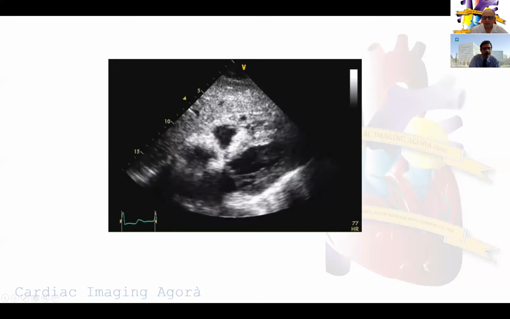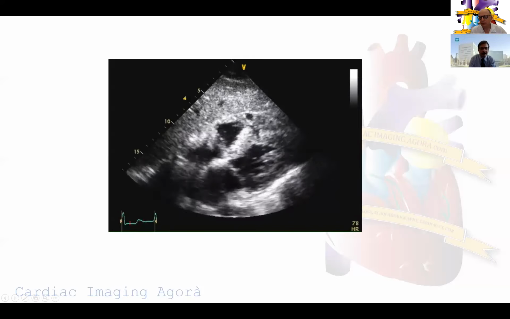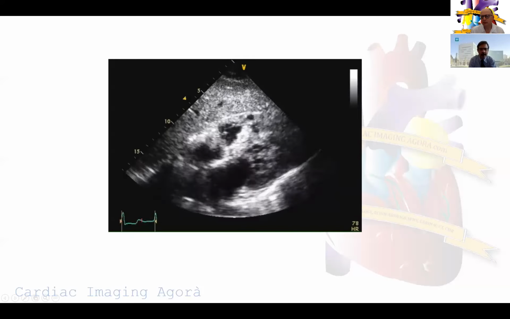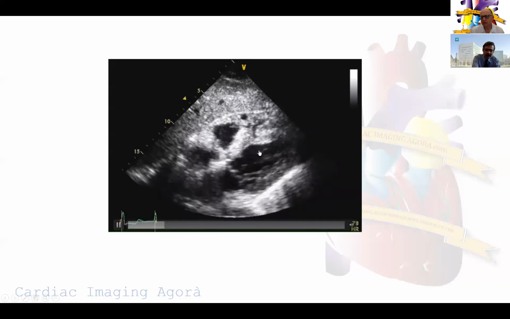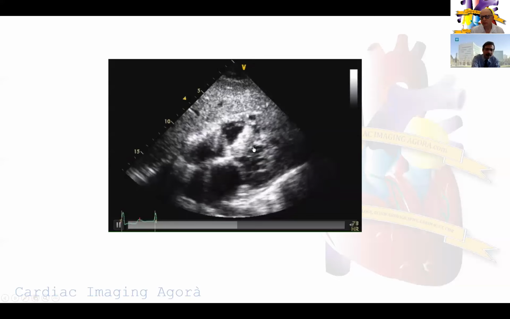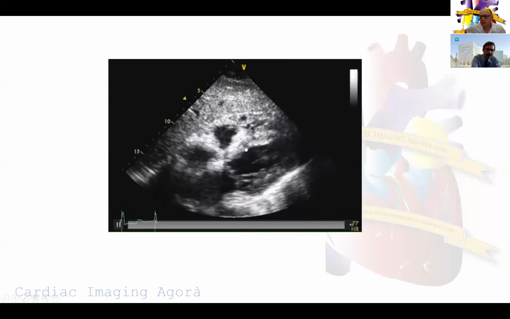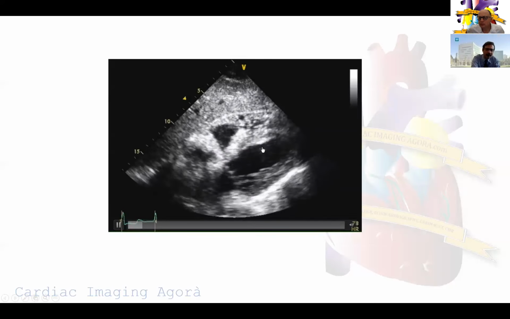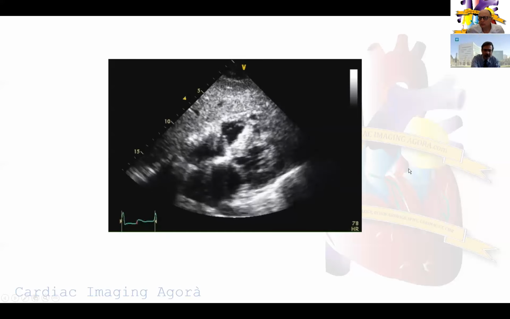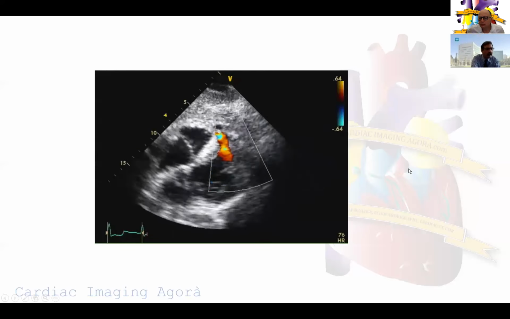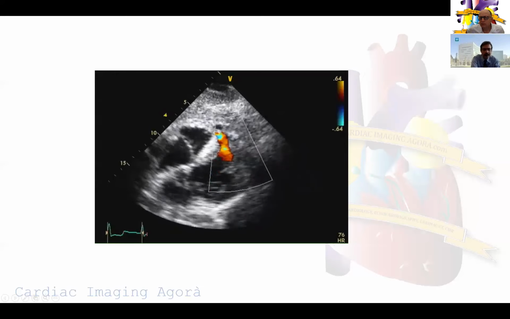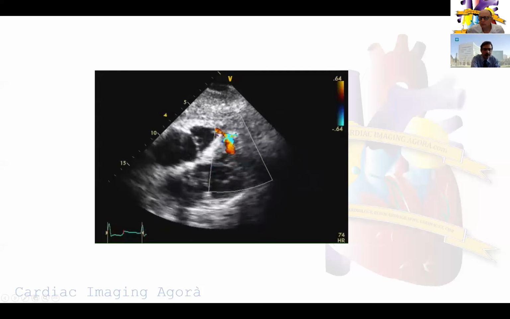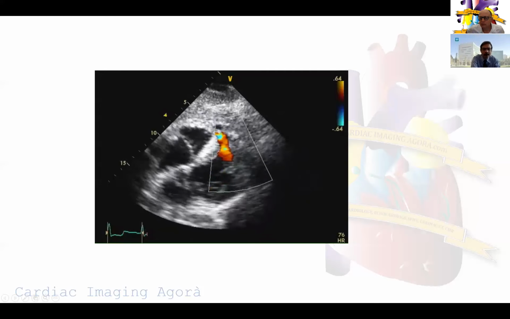When you go to the subcostal view, again, the RV function looks pretty good. LV function looks pretty good. But then you start suspecting something's going on here in the basal septum between the territories of the right coronary artery and the LAD. And then you end up putting color, and voila, the color shows a very large ventricular septal defect that's complicating this inferior wall myocardial infarction, accounting for this patient's presentation.